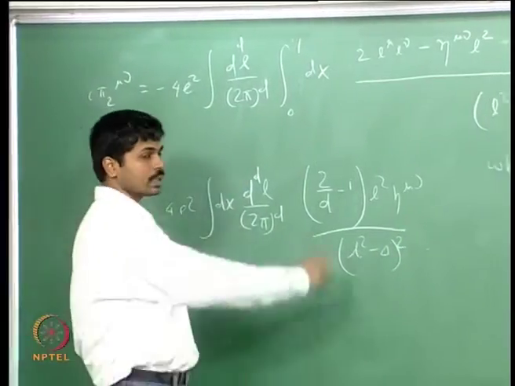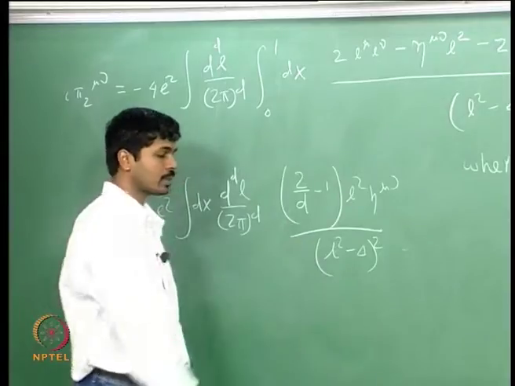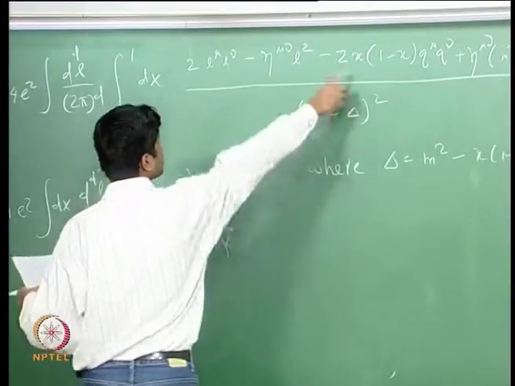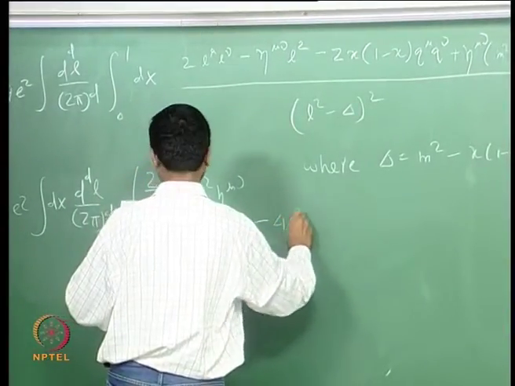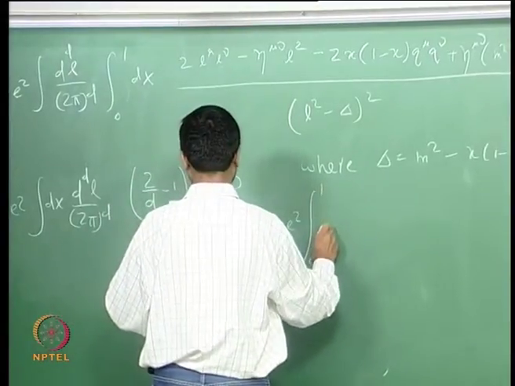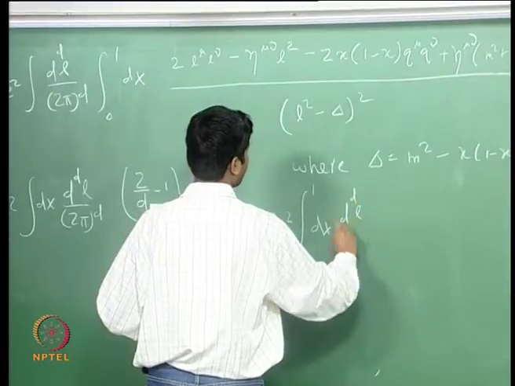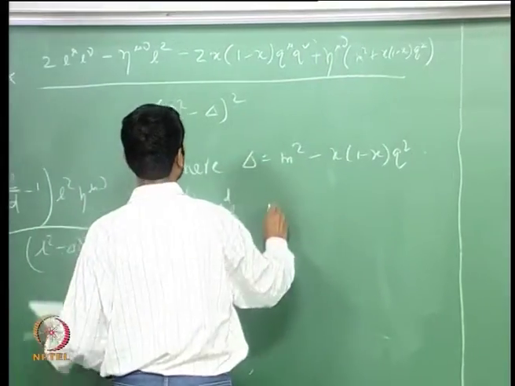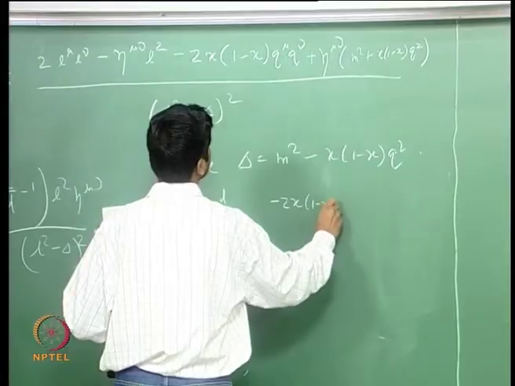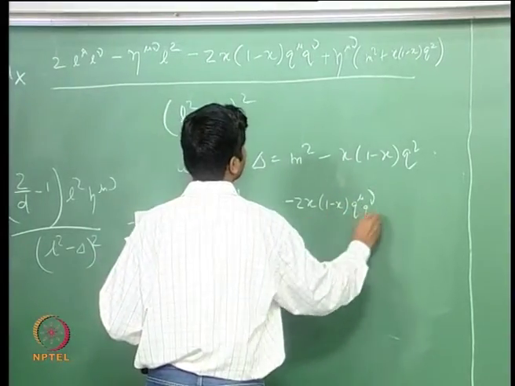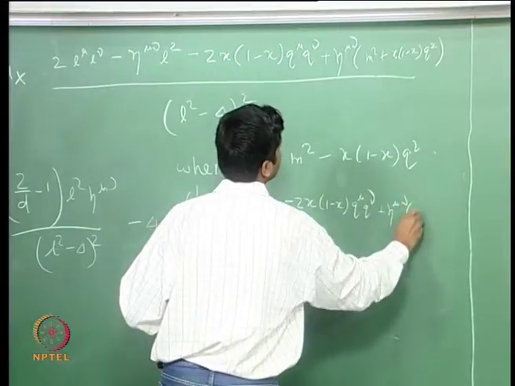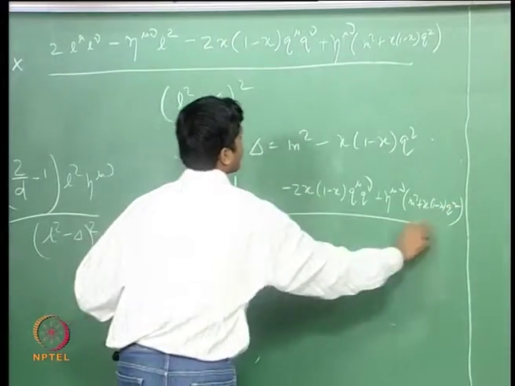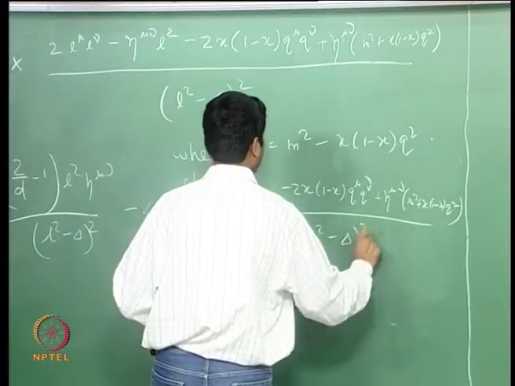Remember, this is the term which gave the quadratic divergent piece when we used the Pauli-Villars regularization earlier, and then the remaining term here is minus 4 e square integral 0 to 1 dx and then d^d L divided by 2 pi to the power d times this term here, which is nothing but minus 2 x (1 minus x) q mu q nu plus eta mu nu times m square plus x into 1 minus x q square, which is this term here, divided by L square minus delta whole square.